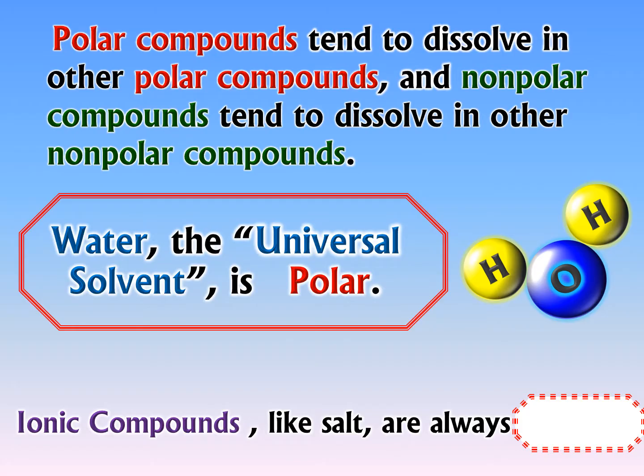So then why is it called the universal solvent? Because actually there's quite a lot of chemicals that are non-polar and it can't really dissolve those. So why is it called the universal solvent? Well, in solutions chemistry, there is a weird use of the word polar. Ionic compounds like salt, like sodium chloride, are always considered polar in solutions chemistry.